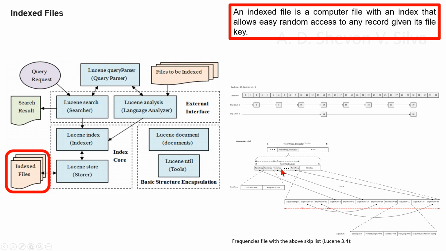Thus for skip interval 4 and when there are 35 documents, skip level 0 should include documents 3, 7, 11, 15, 19, 23, 27 and 31, and skip level 1 should include 15 and 31. But in the real implementation we store the previous docs as shown here.